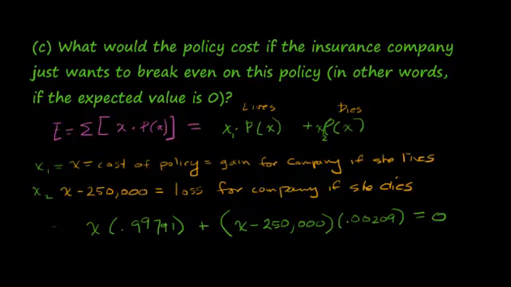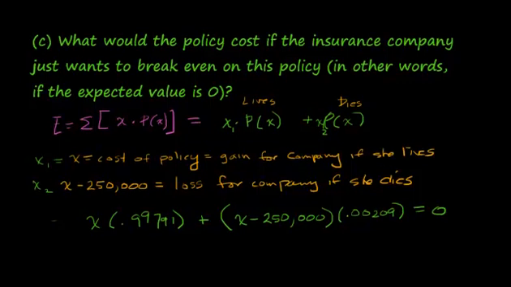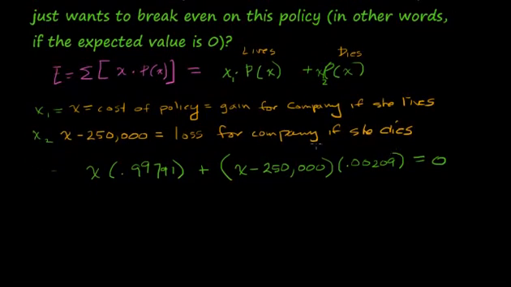So we've got just an algebra problem here. We've got an equation to solve. So let me write this in a way that looks more familiar. So this would be 0.99791x, and now we'll remember that distributive property. I'm going to multiply this times this and this times this.